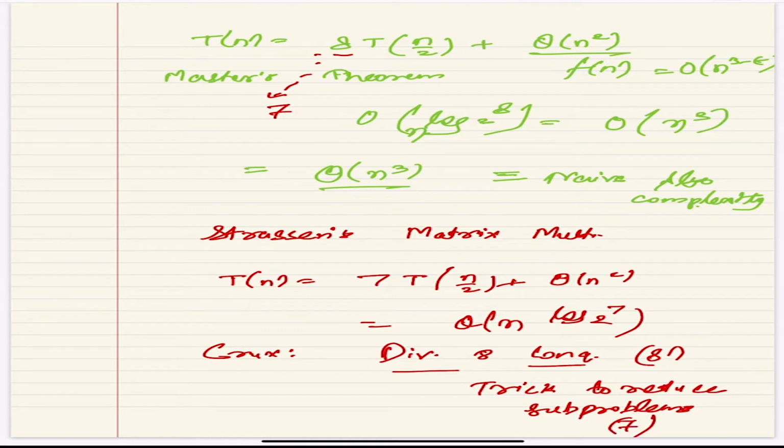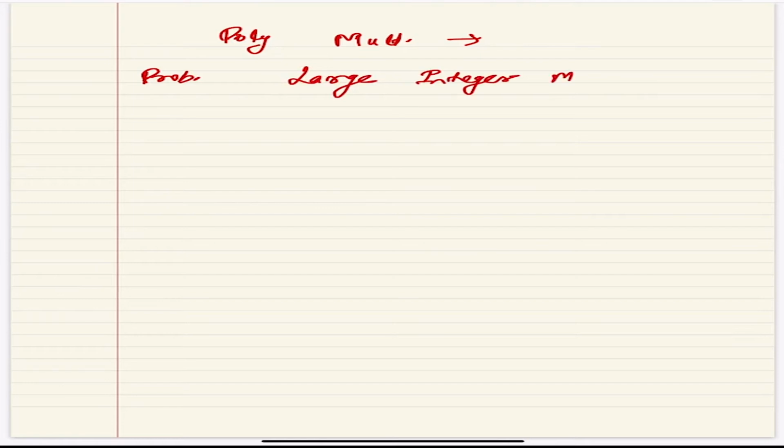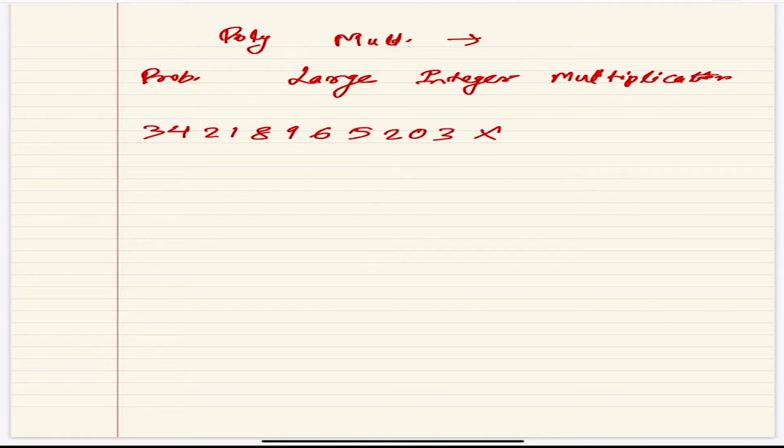Sure. Now before I go further, I think these 2 are very interesting. I give you an exercise that is based on the polynomial multiplication. I will give you another problem. The problem is large integer multiplication. Something like 34218965203 times 38956021 and so on.